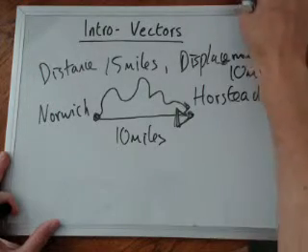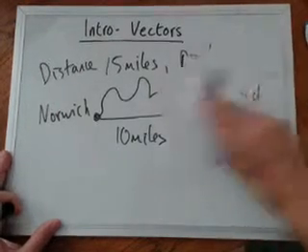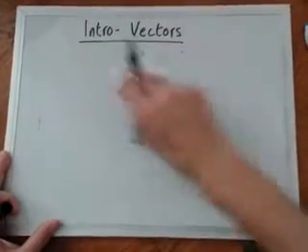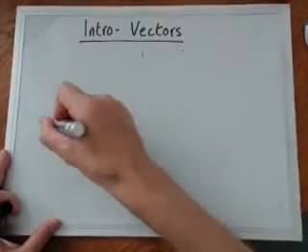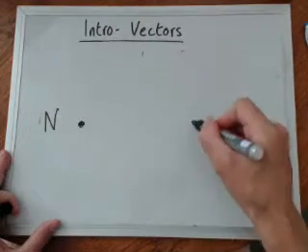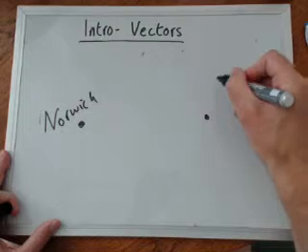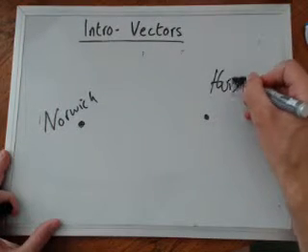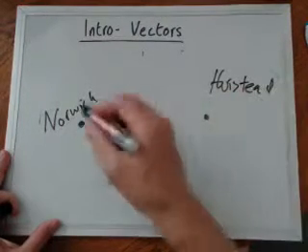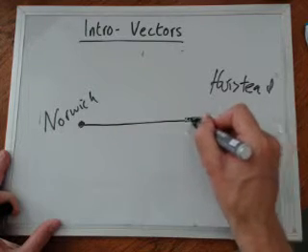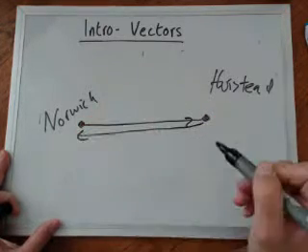Okay, now we have another idea about it. So let's say we have Norwich and Horsted again. You could go straight, as the crow flies, to Horsted and back again.